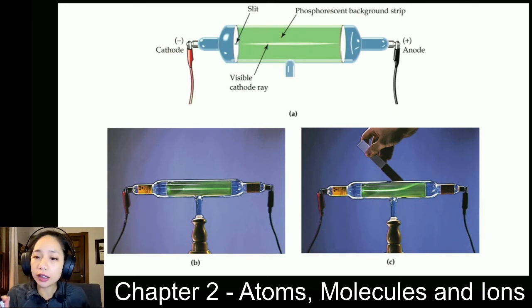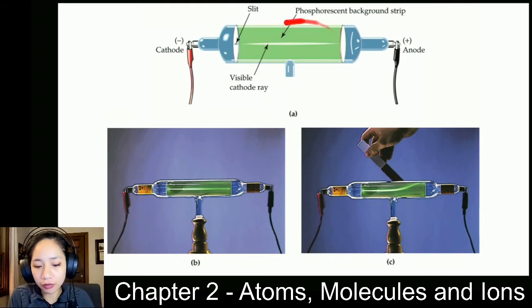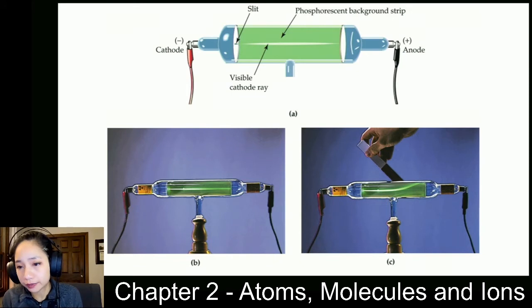What they did in the experiment was send a high voltage, or electricity, through the evacuated glass, through the cathode ray tube. And when they put a fluorescent background on the tube, they saw a bright light come up when they put electricity through it. And what they were actually seeing were electrons.